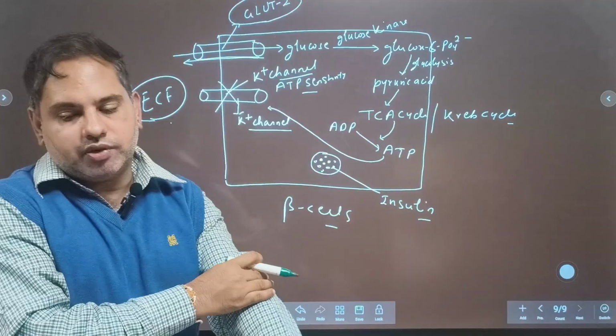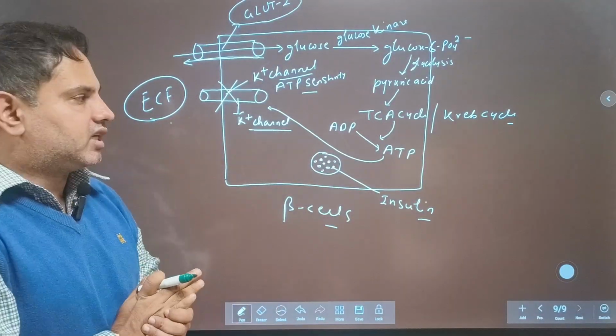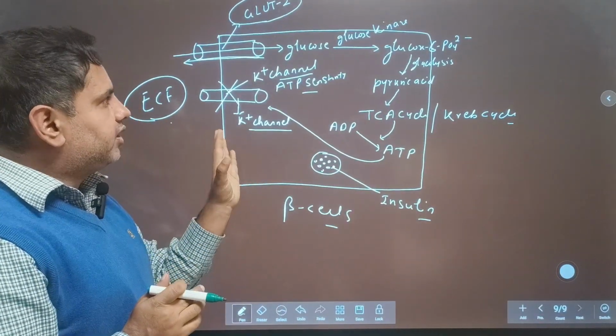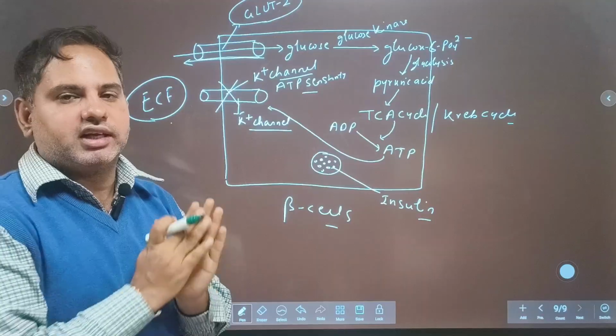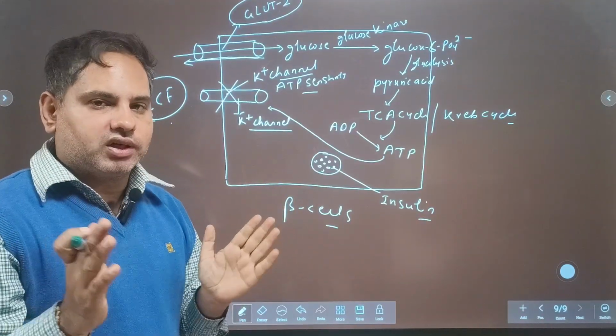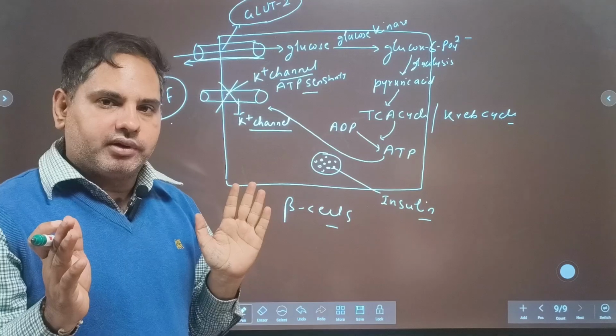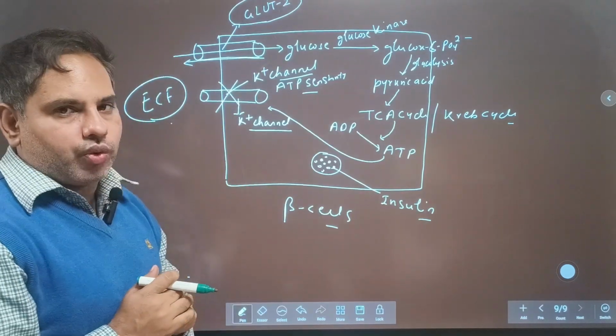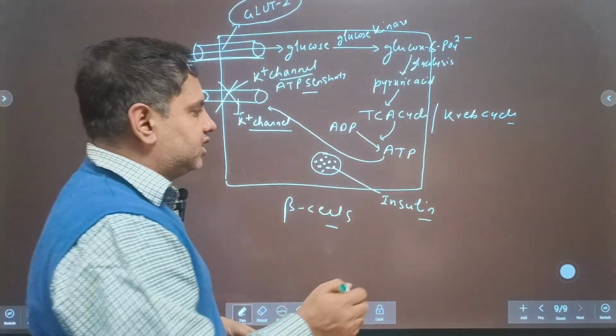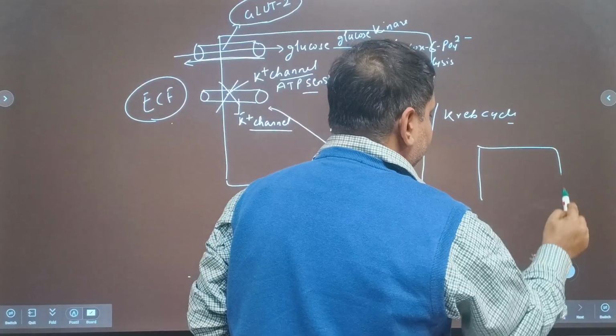An important concept which you have to understand is, normally when there is no stimulus, when there is no glucose, what happens? This potassium channel is open, right. So, when the potassium channel is open, so many times we have discussed which ions inside the cell are more.